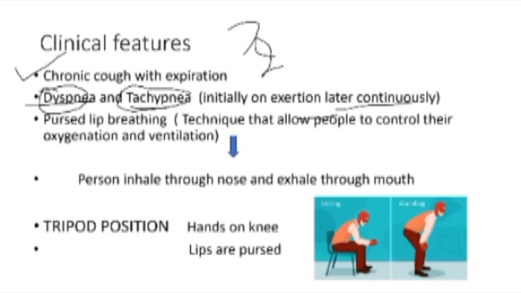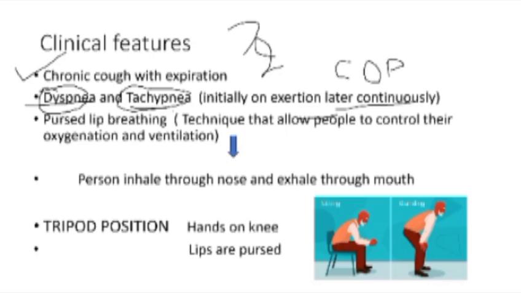If it is the first or initial stage of COPD, this dyspnea and tachypnea will be seen only on exertion. But when the disease goes on affecting, then there will be dyspnea and tachypnea continuously. Then pursed lip breathing.